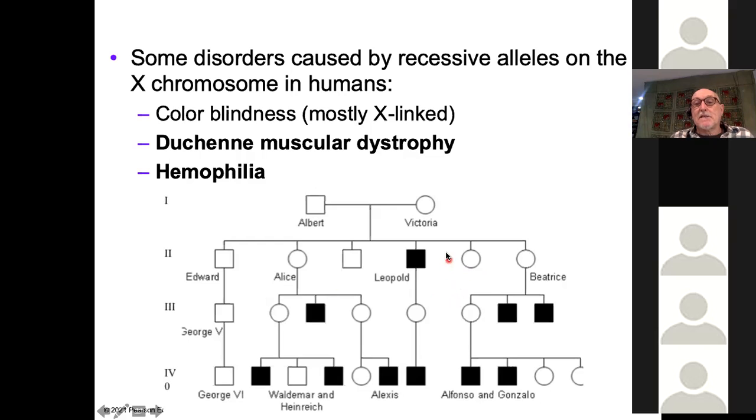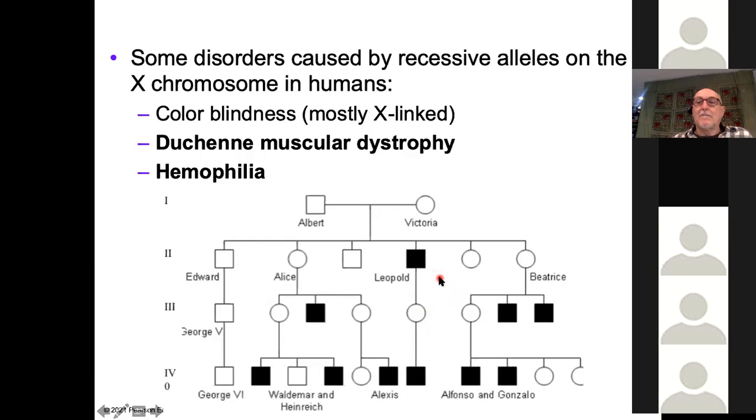And this gene for hemophilia spread widely through the royal families of Europe, including, as just heard, the Tsarevich of Russia, and he inherited it from his mother, who was related to Queen Victoria. She was a granddaughter of Queen Victoria.